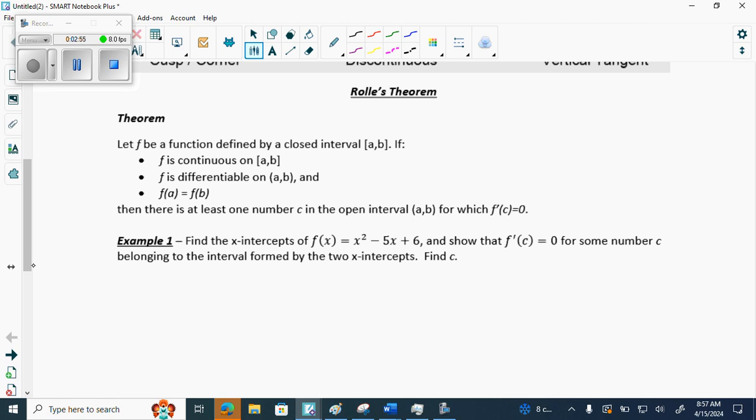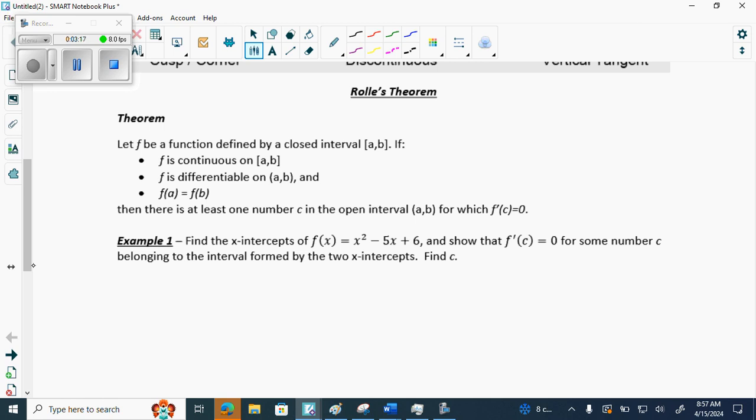It could be vertical. And then, for Rolle's theorem, you have to have an f of A that equals f of B. Okay? So you have to have two points on the graph that end up having the same y value. What are the easiest places to look for same y value? X-intercepts. So that's what we often look for. And we find it if there's more than one x-intercept.